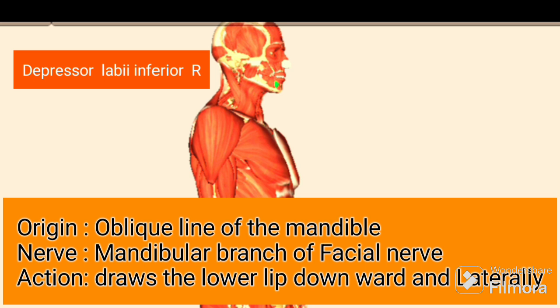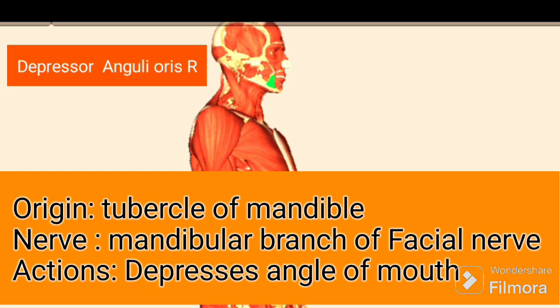Nerve supply is by the mandibular branch of the facial nerve, and its action is to depress the lower lip inferolaterally. Next one is depressor anguli oris. It originates from the mental tubercle and oblique line of the mandible. It is continuous with the platysma muscle. It inserts into the modiolus and its action is to depress the angle of the mouth.